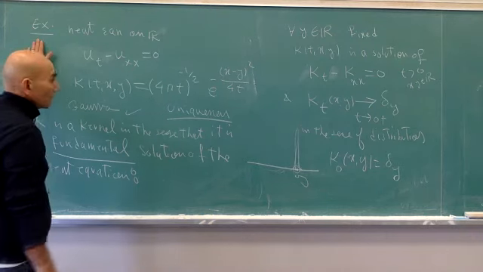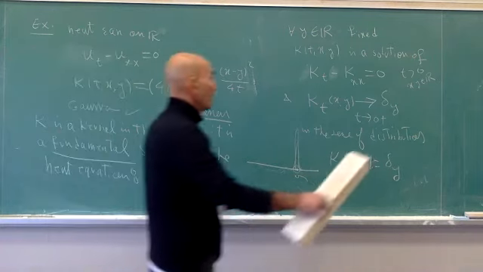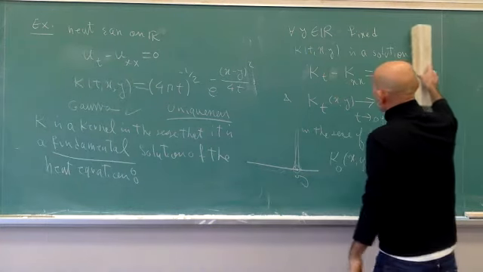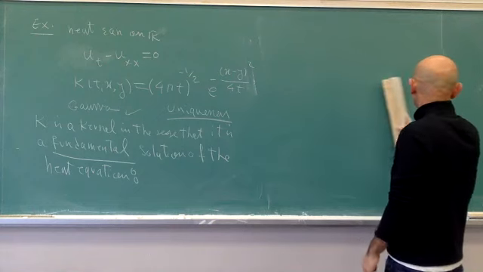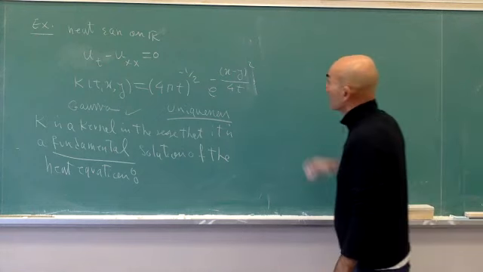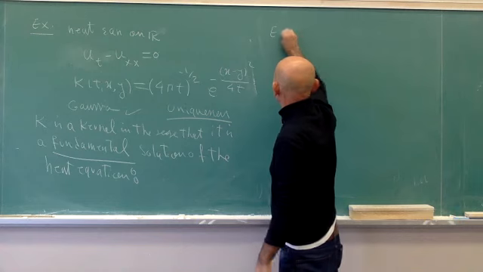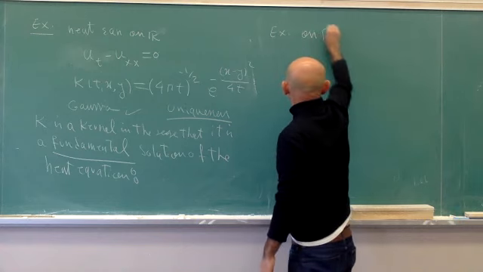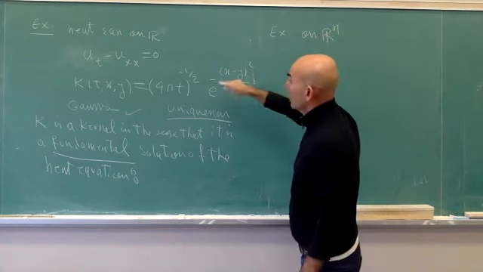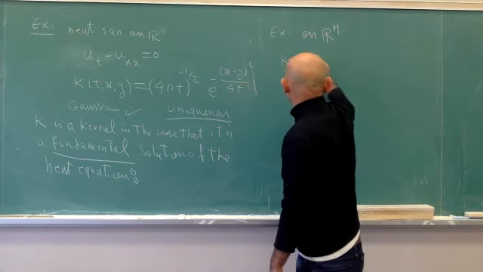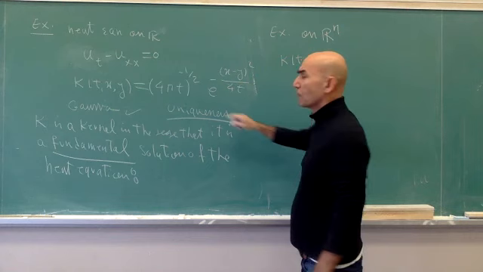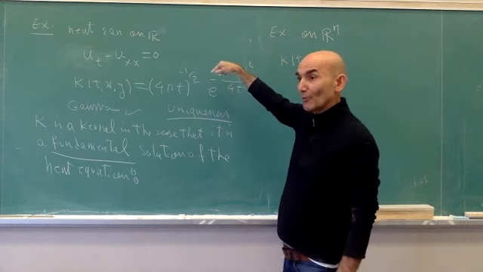So this is one example. By the way, let me write this for R^n, that's important. So this is another example. On R^n, k_t(x,y) is (4 pi t) to the power minus n over 2.